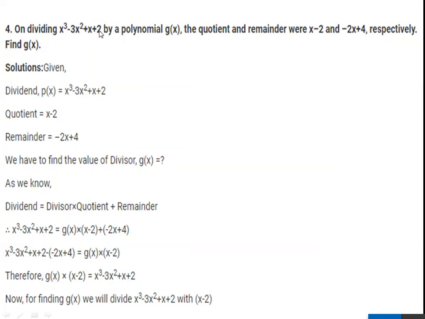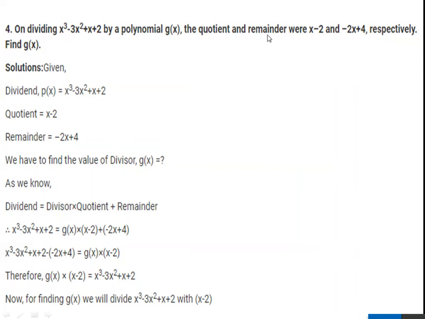On dividing x cube minus 3x square plus x plus 2 by a polynomial g of x. So your divisor is not given here. The quotient and remainder were x minus 2 and minus 2x plus 4 respectively. Respectively means quotient is x minus 2 and remainder is minus 2x plus 4.